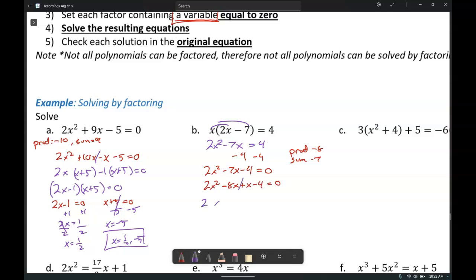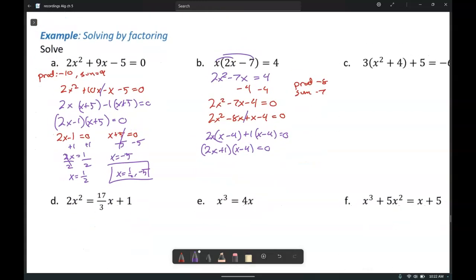We can factor by grouping, leaving us with 2x plus 1 and x minus 4. We can set both factors equal to 0, and then we solve. So we get solutions of -1/2 and 4.